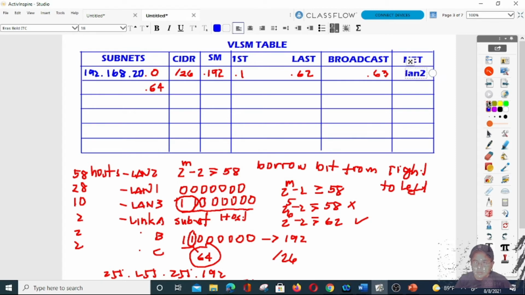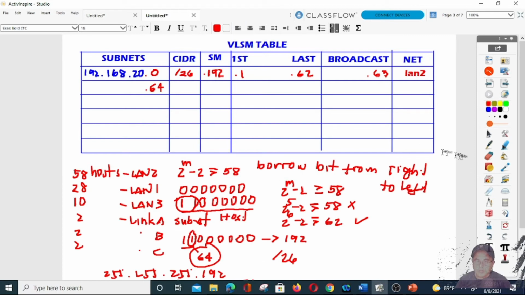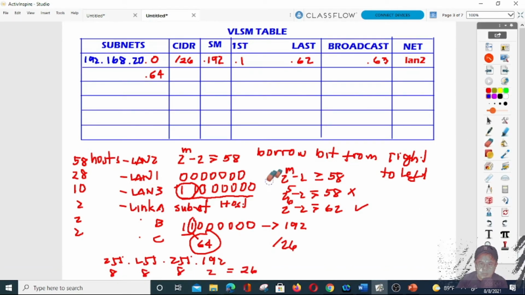Okay, so moving on, our next requirement is 28. We need to erase this one.